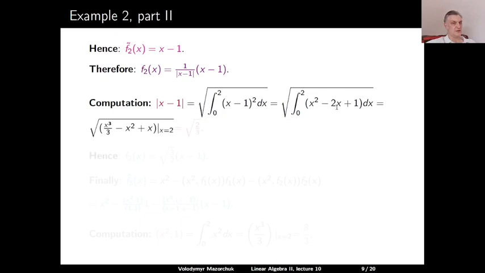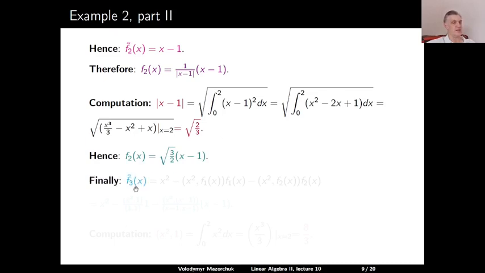And so this integral is equal to the evaluation at x equal to 2 of the function x cubed divided by 3 minus x squared plus x. And one can compute that this is equal to the square root of 2 divided by 3. Hence, f2 of x is equal to the square root of 3 divided by 2 times x minus 1.